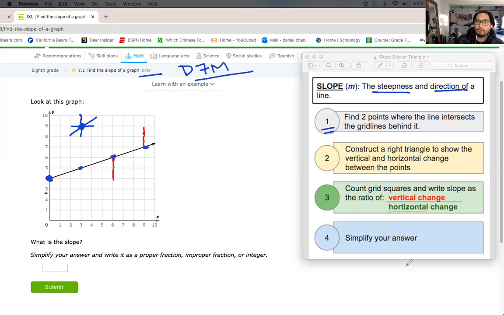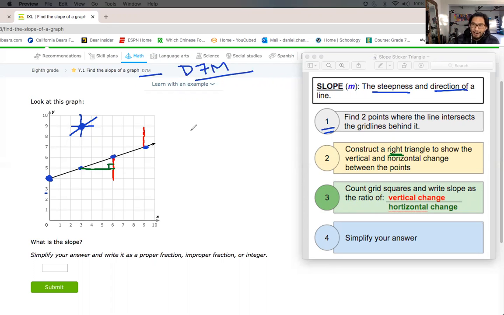I'm going to use a red line for the vertical change and a green line for the horizontal. I want to stay right on the gray grid lines and have them intersect. This is a right triangle because there's a 90-degree angle in there. That's what that box means.